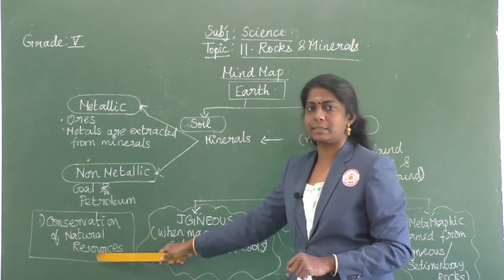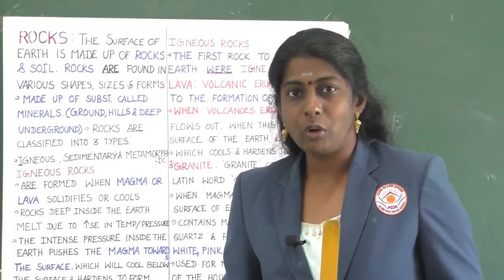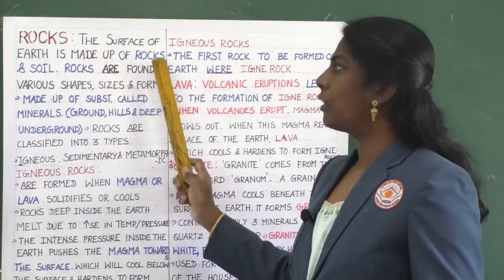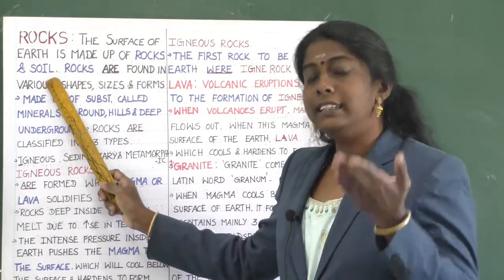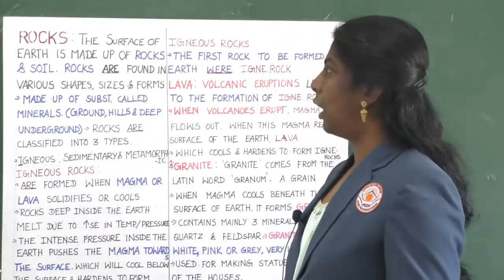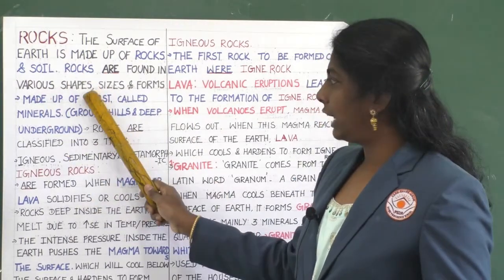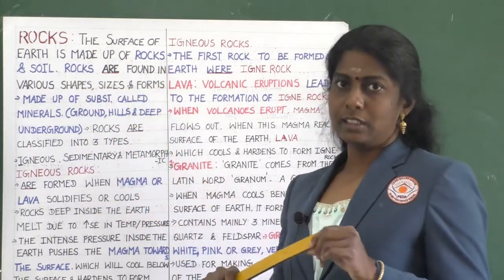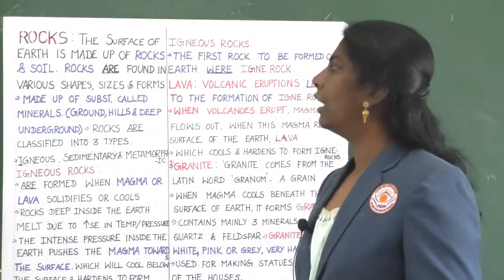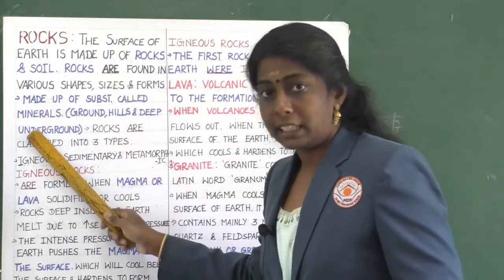Now let us learn about rocks. What do you mean by rocks? The surface of earth is made up of rocks and soil. Rocks are found in various shapes, sizes and forms, and they are made up of substances called minerals.